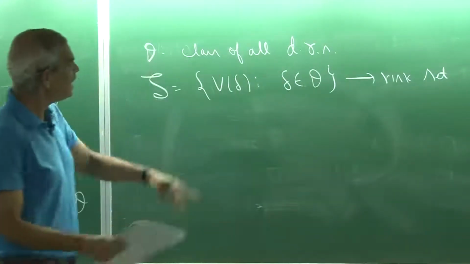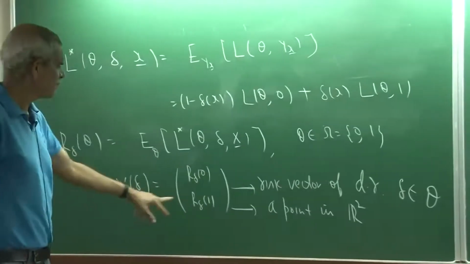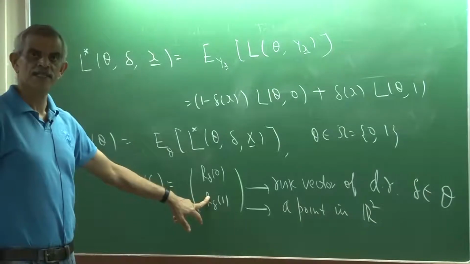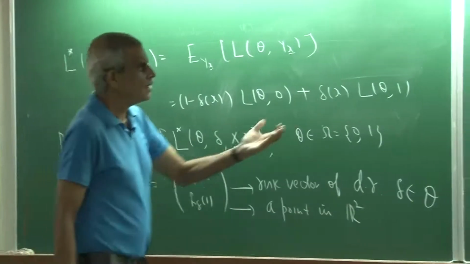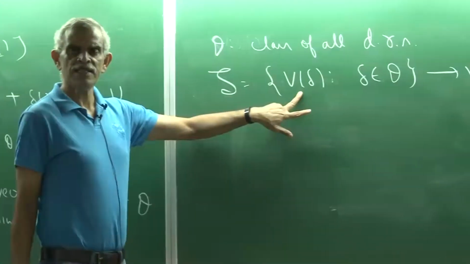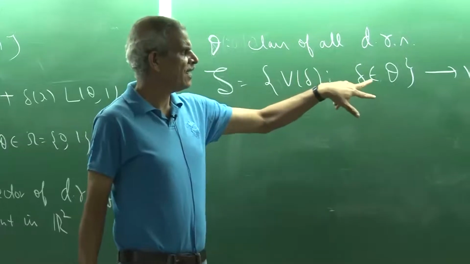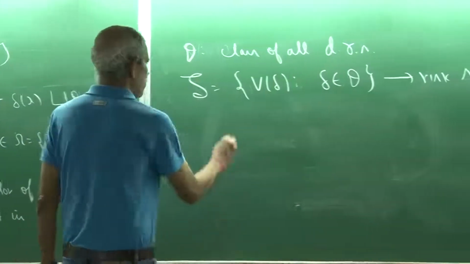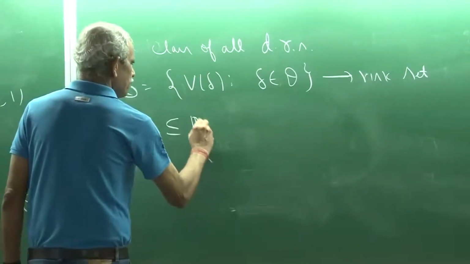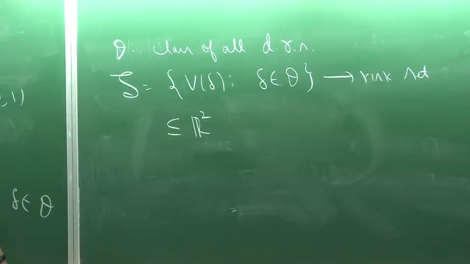Now note that V(delta) is a point in 2-dimensional Euclidean space. This varies as delta varies over D. So this would be a subset of R2. So a risk set is always a subset of R2.